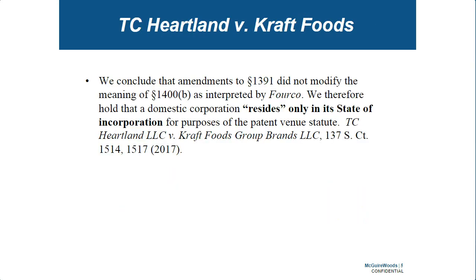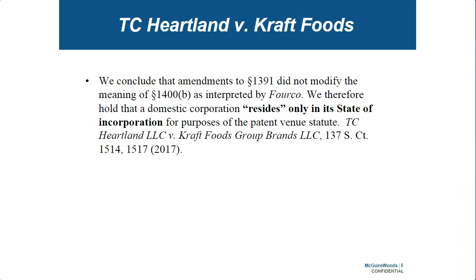However, in the T.C. Heartland Supreme Court case in 2017, everything was changed. The Supreme Court said the general venue statute did not apply to patent cases. So for patent cases, only the patent venue statute is applicable. And for the purpose of the patent venue statute, a domestic corporation resides only in its state of incorporation. So that changed everything.